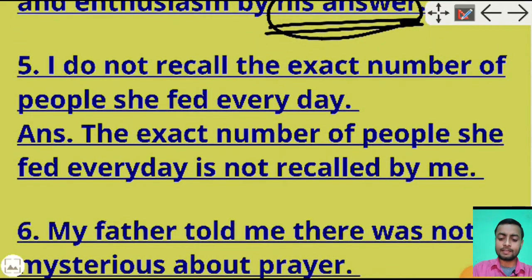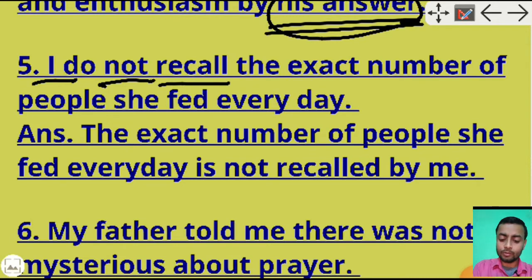Example 5. I do not recall the exact number of people she fed every day. So I, here simple singular first person subject, do not recall. There is a not, so it is a negative sentence.